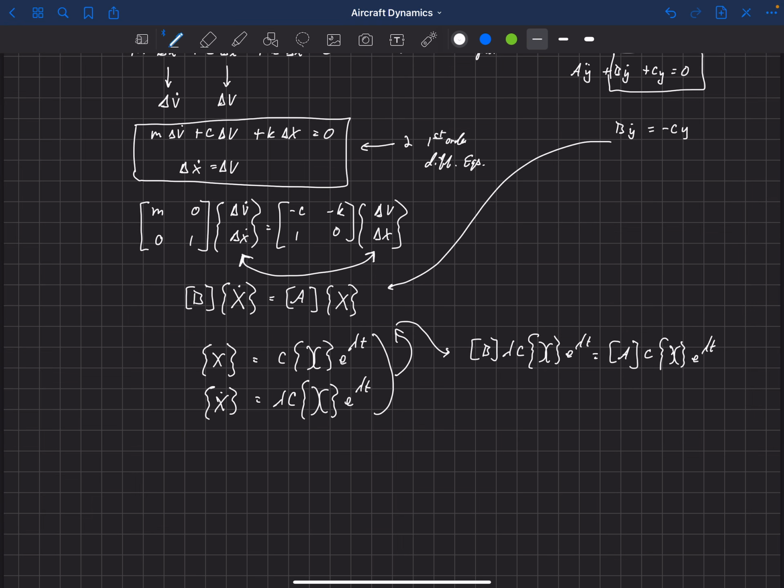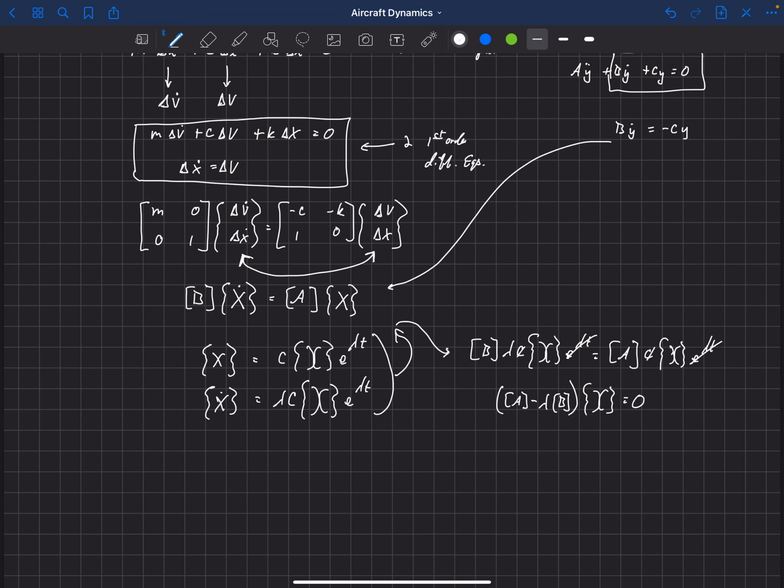Okay, and so we've got e to the lambda t on both sides, so that can cancel out. We've got a c on both sides. And if we move everything to the left-hand side, and we've got a chi multiplied by each of these, then we can rewrite this as (A minus lambda B) all multiplied by chi is equal to 0.